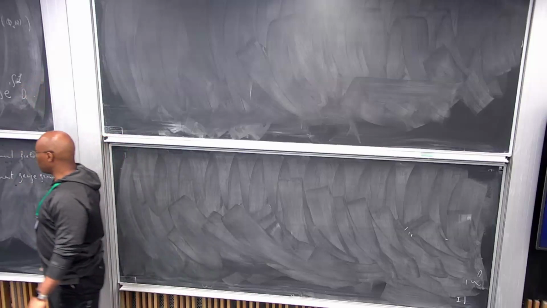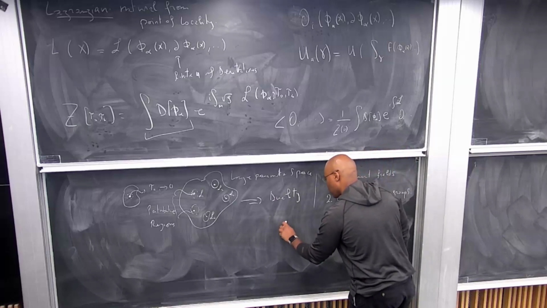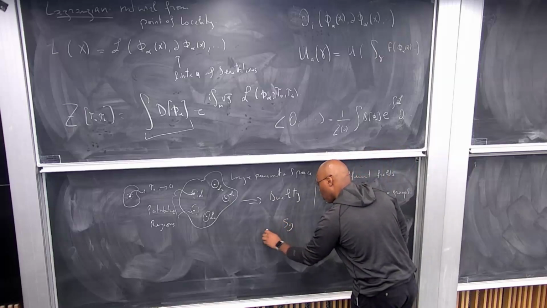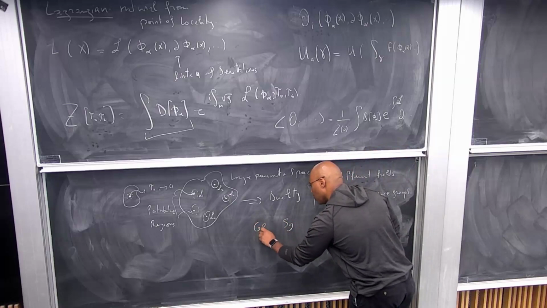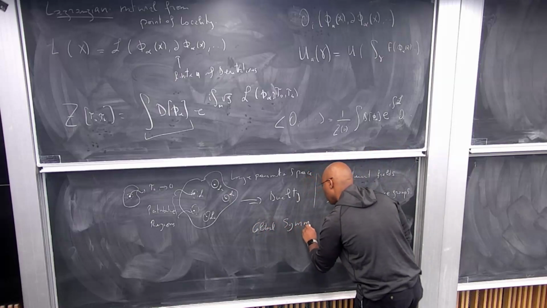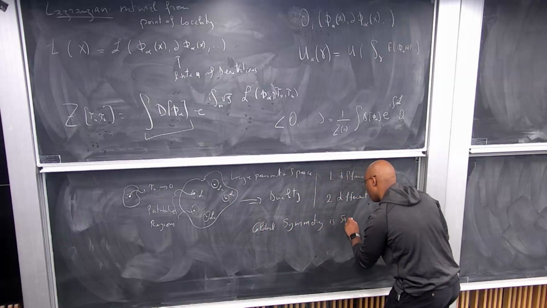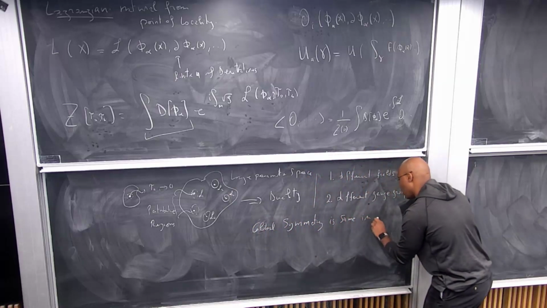The thing that's always going to be the same in any duality frame is the symmetry, what we would call the global symmetry. It is the same in every duality frame.